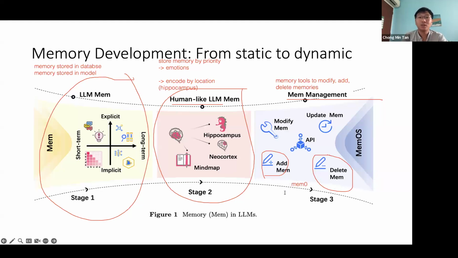In Mem0, you can modify your memories, or you can use tools like modify memory, add memory, delete memory, update memory. These can be tools given to an agent, and then this agent would be able to modify that memory accordingly with the tools. Okay, that's stage 3.